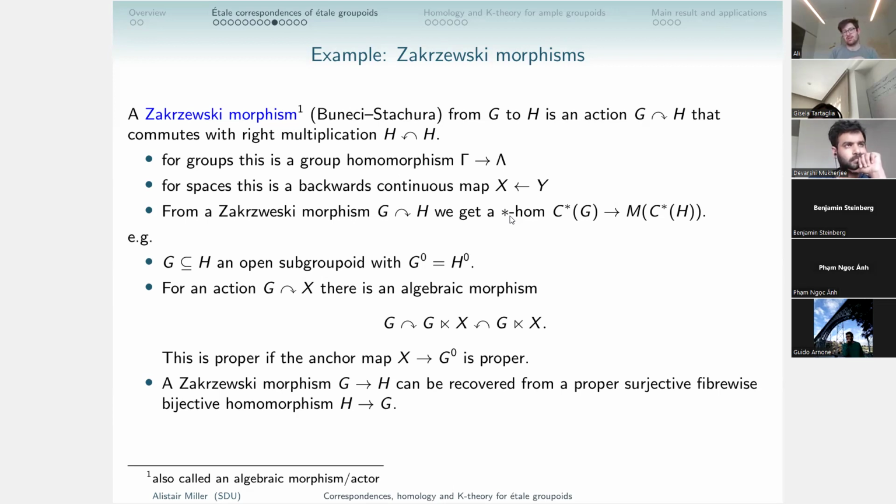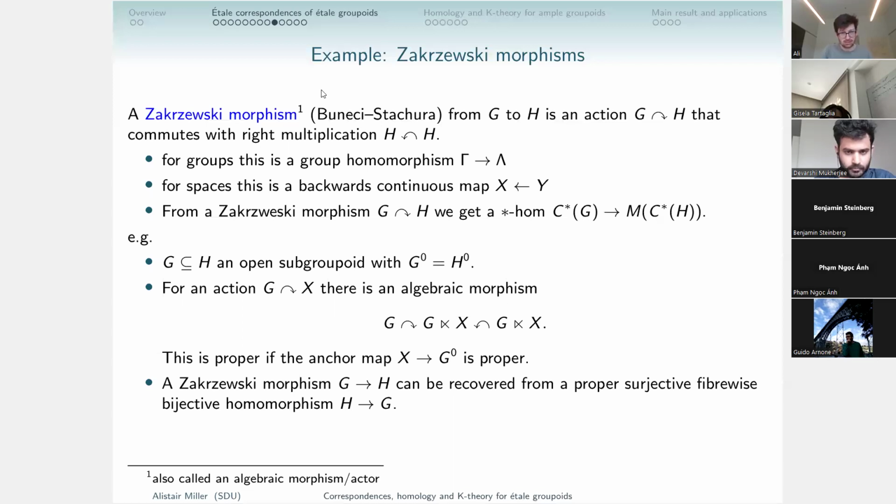So these kinds of proper surjective homomorphisms are very important in that construction. And so we can now interpret them as Zakrzewski morphisms. And it makes sense if you're thinking about star homomorphisms of C-star algebras, you might want to consider these at the groupoid level.